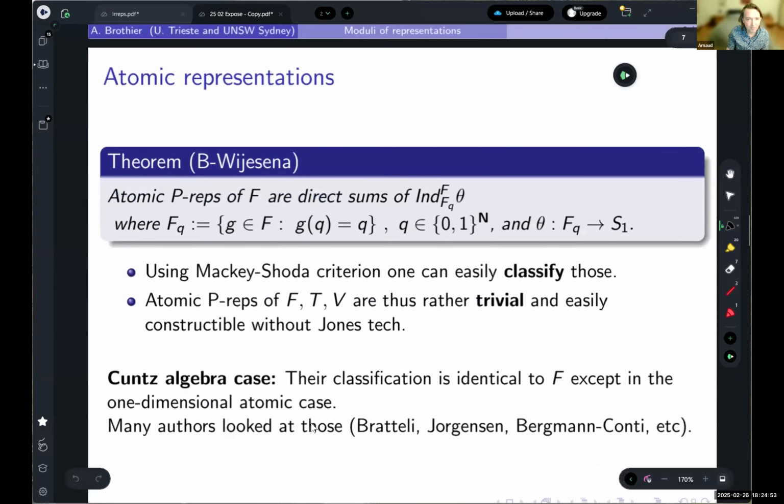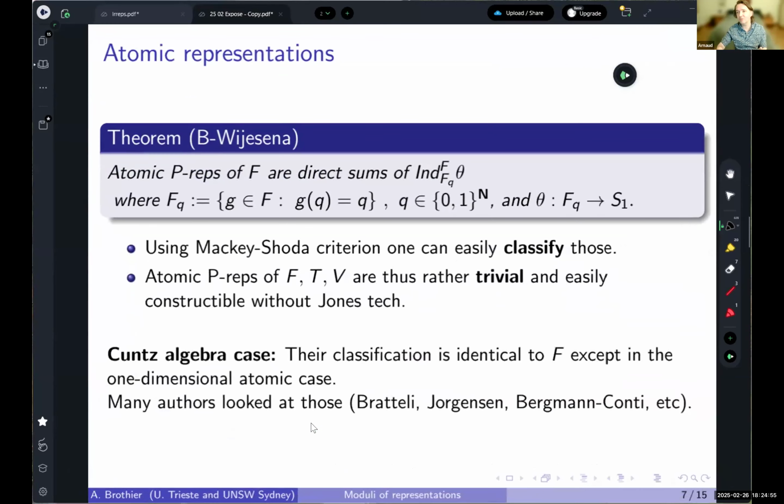And every representation is a direct sum of a diffuse one and an atomic one. And if you look at the atomic, for the Thomson group, it's boring. Okay, they are all quasi-regular. So in fact, they are monomial. So they are like the induction of a one-dimensional representation. Okay. And if you know that, then it's easy to classify them.